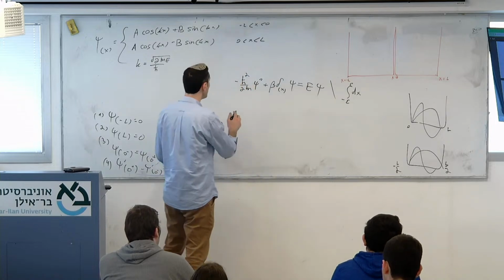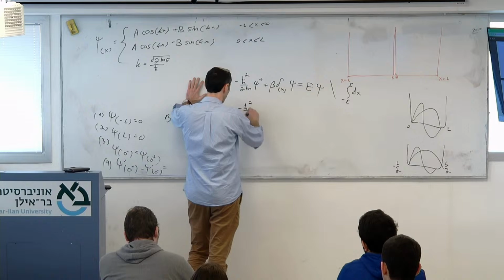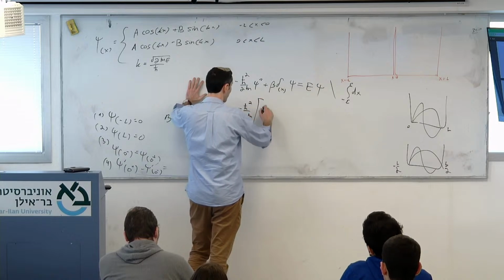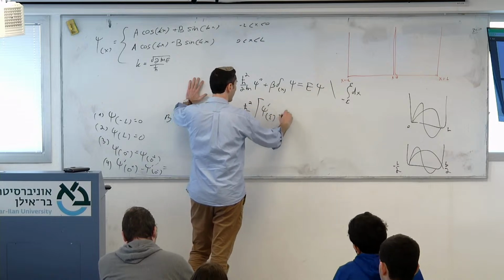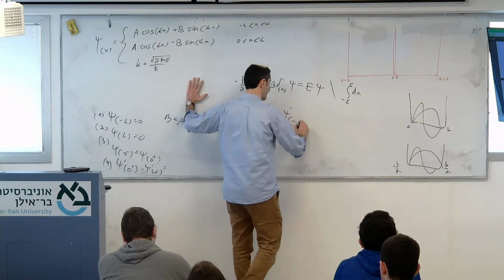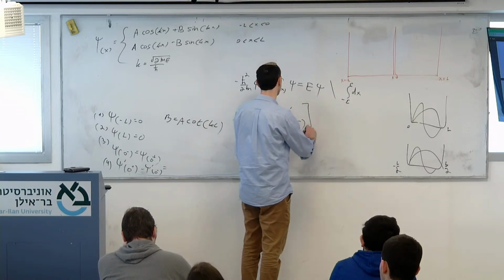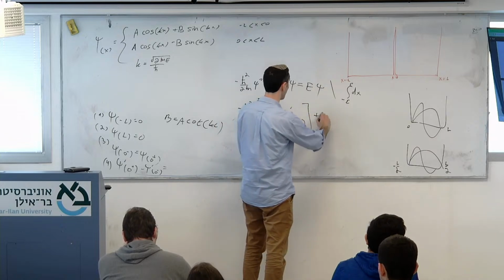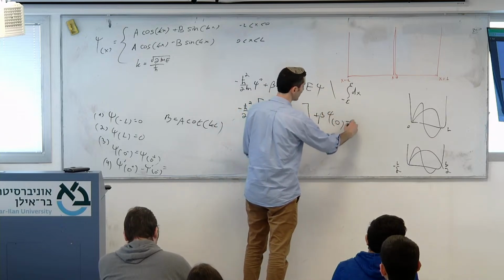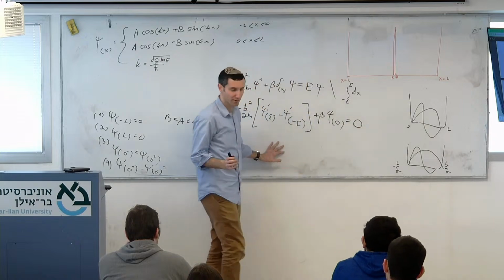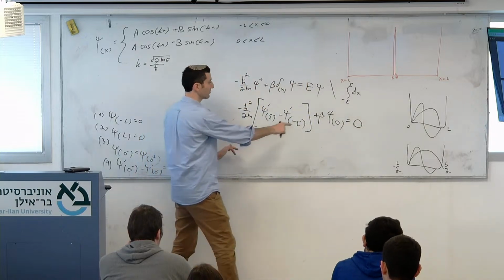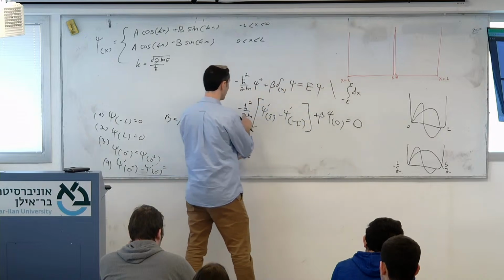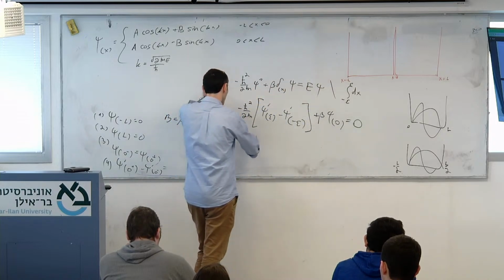This thing is 0. And I get here minus h bar squared over 2m times psi prime of epsilon minus psi prime of minus epsilon plus beta psi of 0 is equal to 0. Let's move this to here and get rid of the minus.